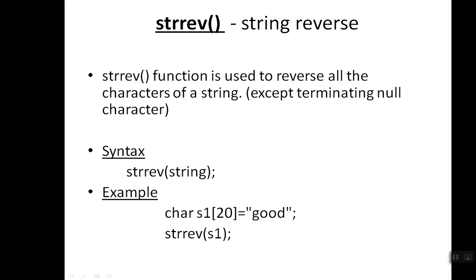If you print s1 before, it will print good. If you print s1 after this statement, it prints the output as DOOG. If you try with Turbo and all the other compilers, it will work. It will not work with the GCC compiler. So what to do? You have to write the manual code for reversing. How to write the manual code, we'll see in the next class.